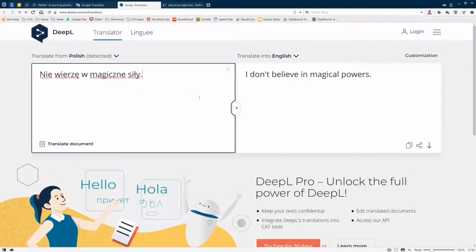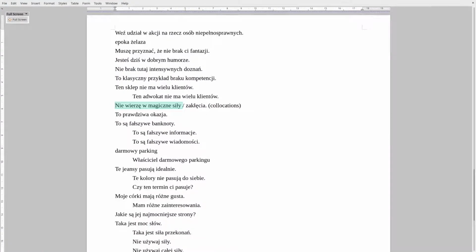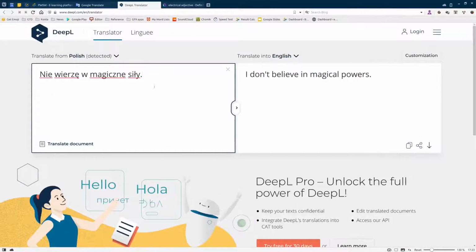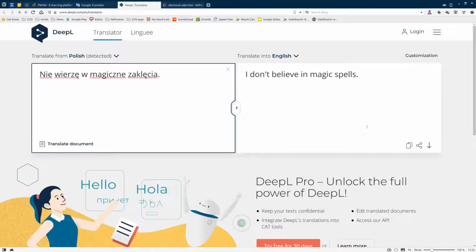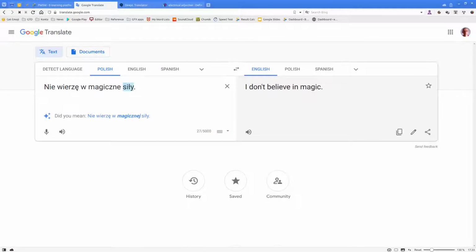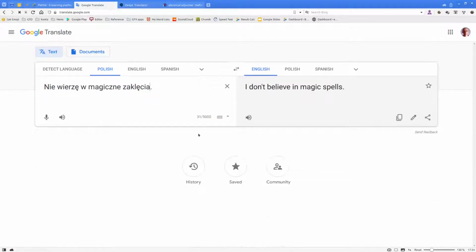But it's really interesting how when you change the punctuation or a few letters, even those translations will change. So let's change that to zaklęcia. Magic spells. The same here.